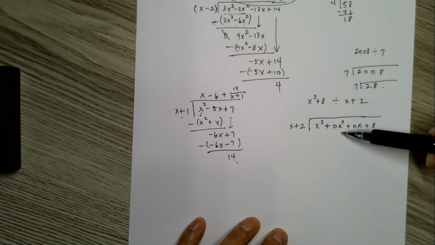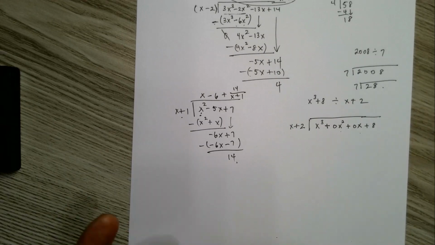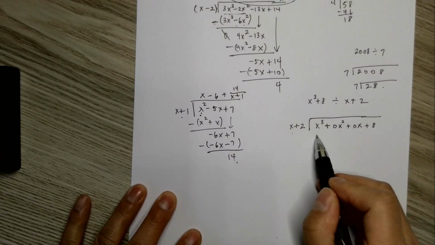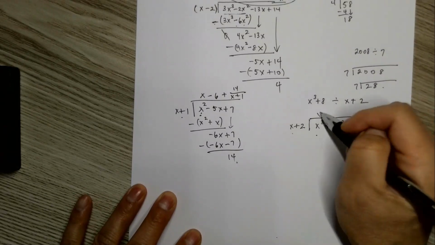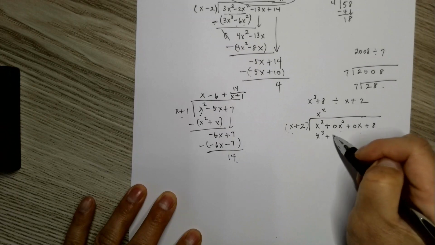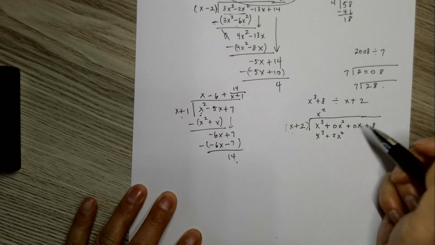And if I don't have those placeholders, I might forget the order of the columns, the powers of x. And I think you'll see the advantage of this when I start doing the division. Okay, so here we go. X goes into x cubed, x squared times x plus 2 is x cubed plus 2x squared.